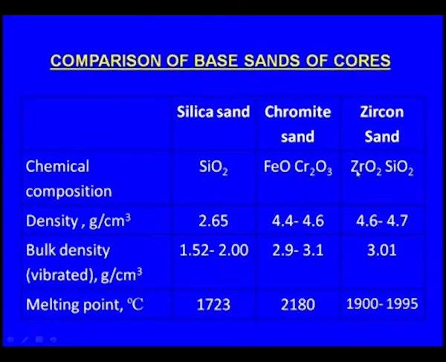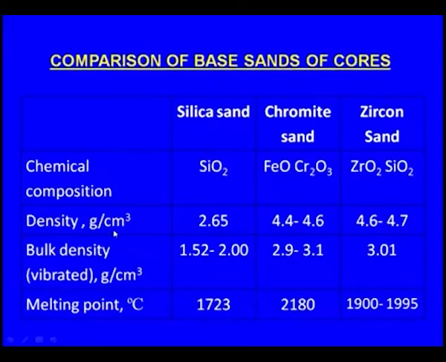Next one, coming to the density in grams per cubic centimeter. The silica sand's density is 2.65 grams per cc. Chromite sand is from 4.4 to 4.6 and zircon sand is from 4.6 to 4.7.